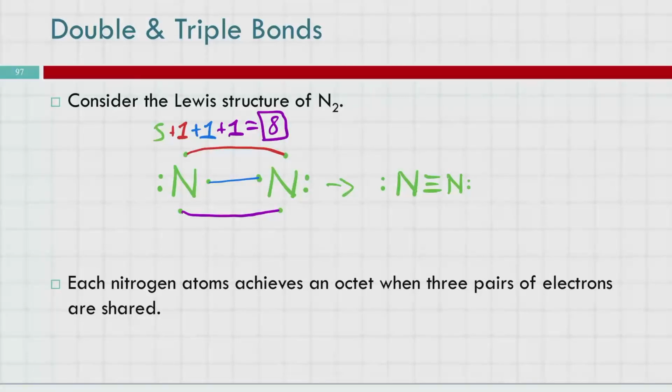So 3 lines, 3 bonds. How many electrons are in this triple bond? 6, because we've got 3 bonds, 2 electrons per bond. So we've got 6 electrons. So 6 electrons there, 2 electrons in each of the lone pairs.